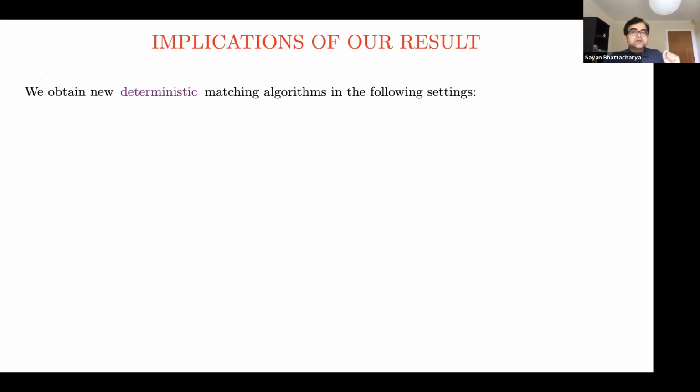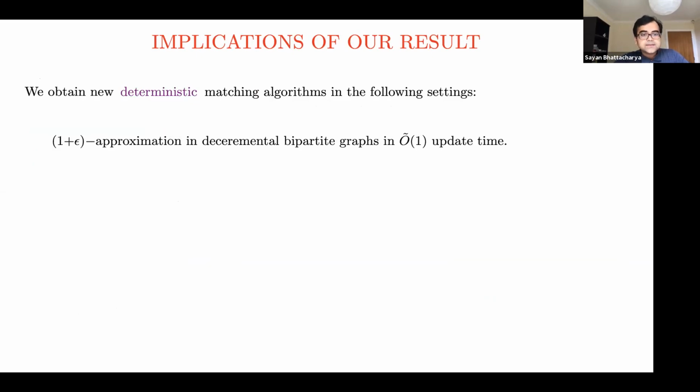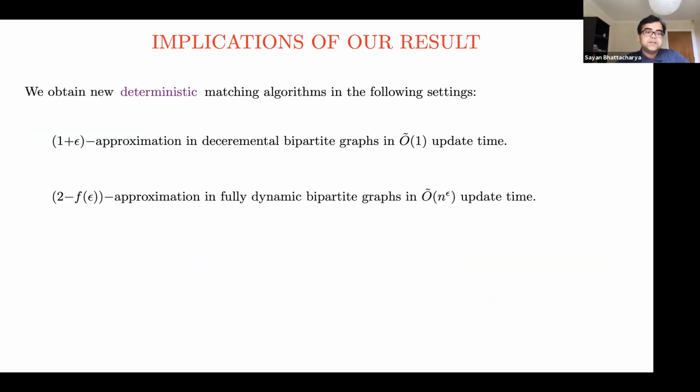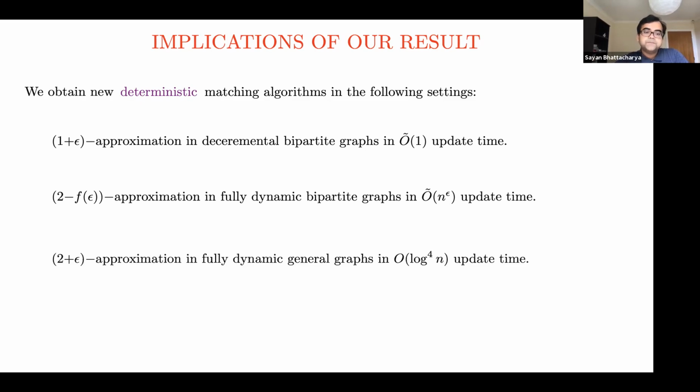Okay, so the specific implications of our result are the following new deterministic algorithms in the following settings: a 1 plus epsilon approximation in decremental bipartite graphs in polylog update time, slightly better than 2 approximation in fully dynamic bipartite graphs in n to the power epsilon update time, and 2 plus epsilon approximation in fully dynamic general graphs in small polylogarithmic, log to the power 4 n, update times.